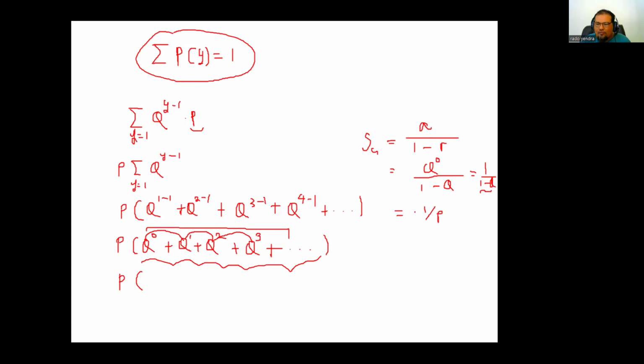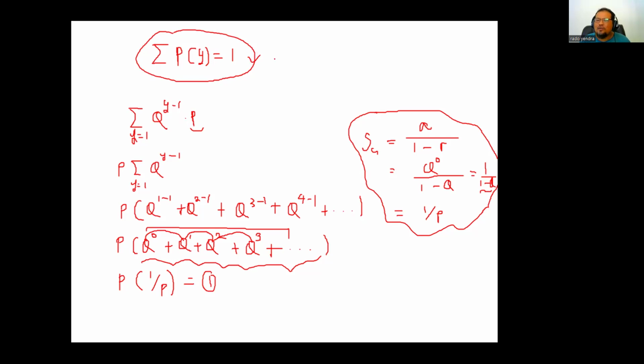So from the theory of the geometric series, we can conclude that p multiplied by 1 over p is 1. So we succeed in proving that the summation of p(y) equals 1.